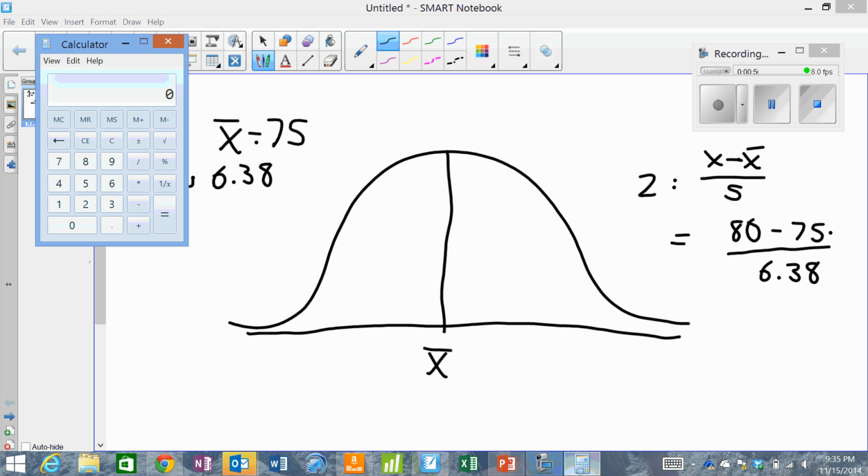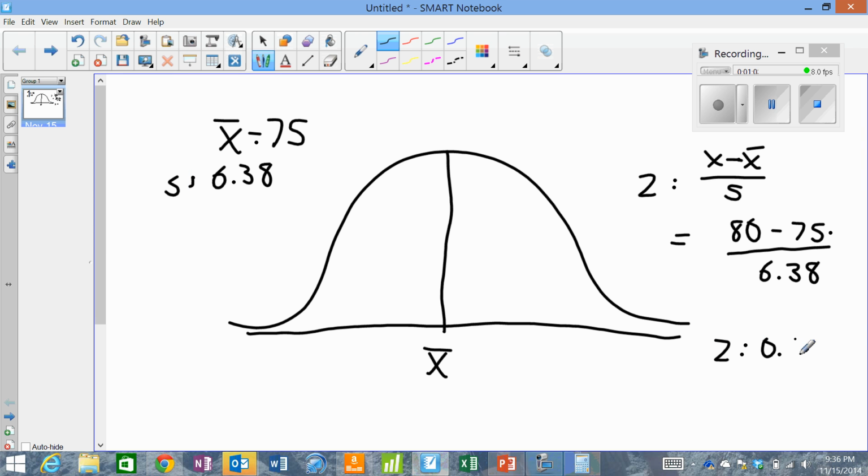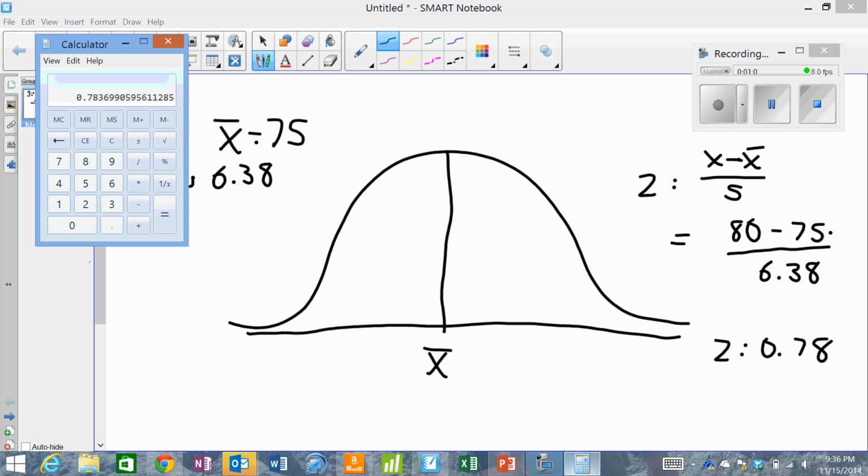So we take our calculator and do 80 minus 75 divided by 6.38, which gets us a z-score of 0.78. As you can see, we're rounding a little bit; it's 0.783.